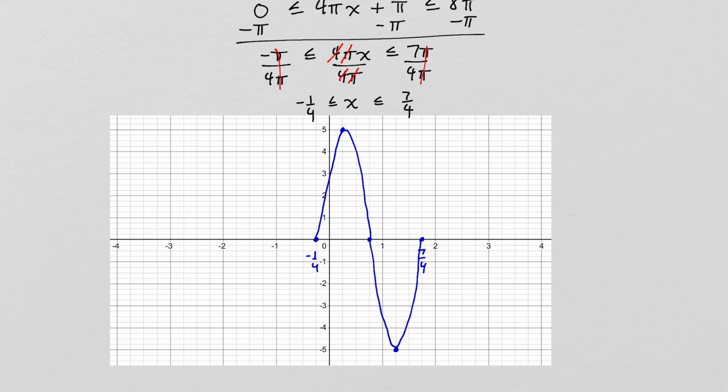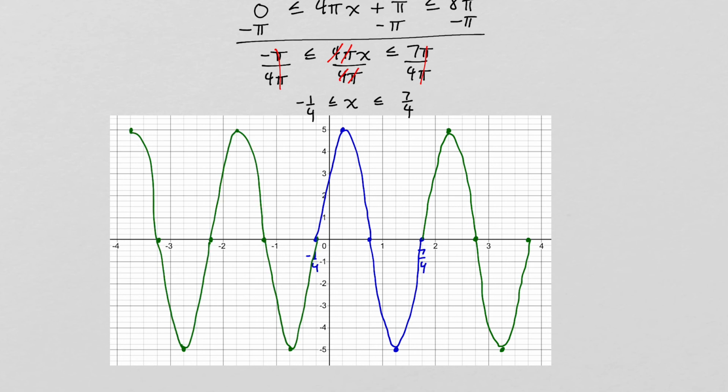So if I go 2 more marks to the right, we're going to be at our high point. 2 more marks will be at our x-intercept. 2 more will be at a minimum. And 2 more will be back here again, and that's what this looks like. And we can do the same thing in the other direction. And there it is.